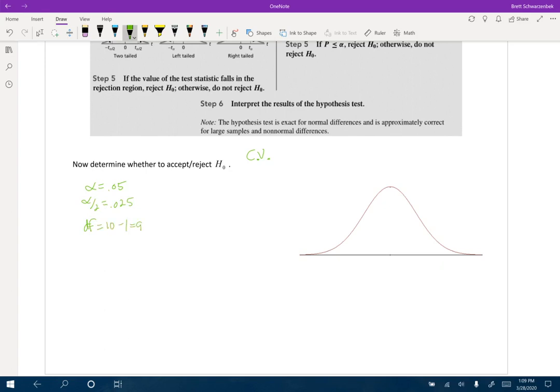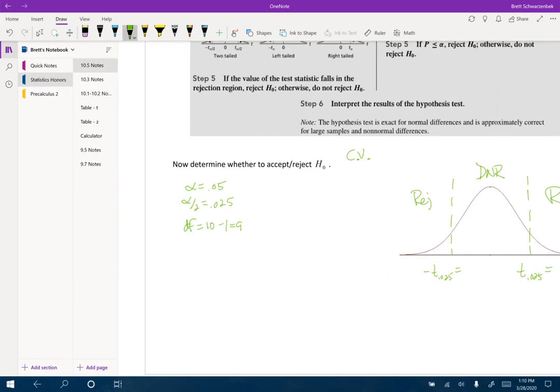So remember, this is a two-tailed test, so we're going to have two markers where we reject in the tails and do not reject in the middle. We need to find negative t sub 0.025 and positive t sub 0.025 at, it looks like, 9 degrees of freedom.